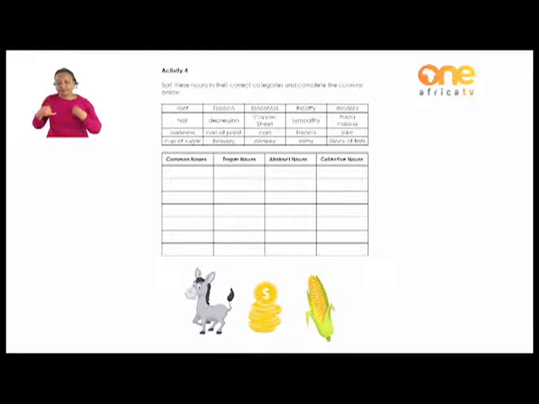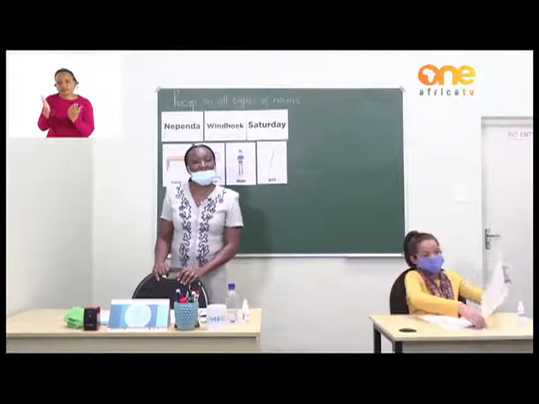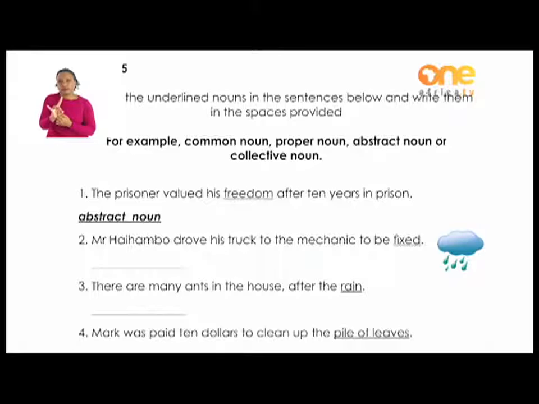Moving on to the next page, page 8. On page 8, we are going to do activity 5. Now, activity 5 goes on until page 9. The instructions are: identify the underlined nouns in the sentences below and write them in the spaces provided.